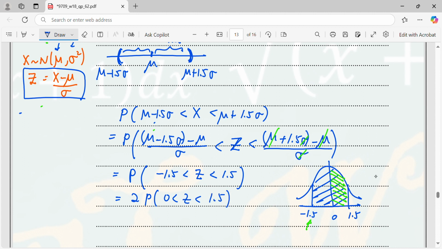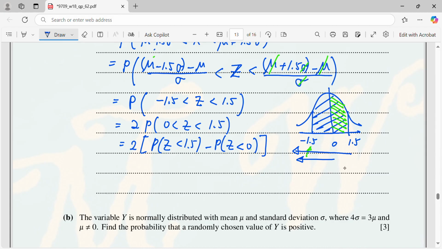Okay, so now to get this green region, it will be the probability of z less than 1.5 minus probability of z less than 0. So 2 times P of z less than 1.5 minus P of z less than 0.